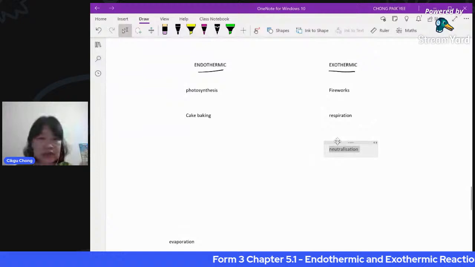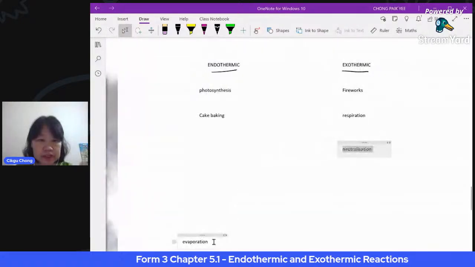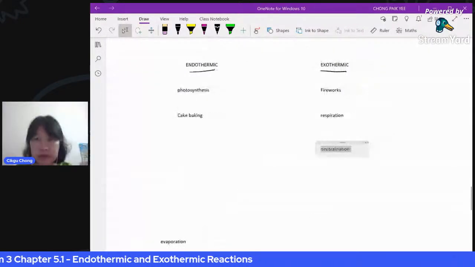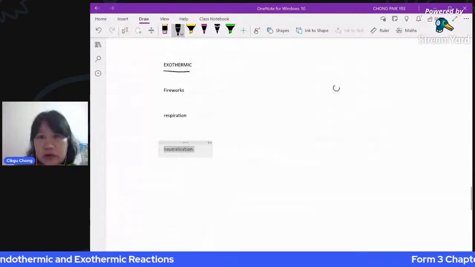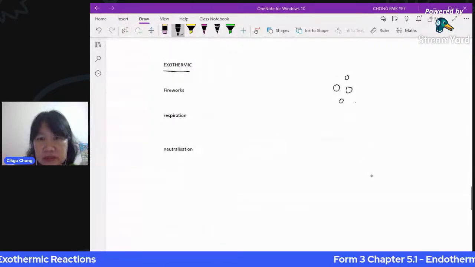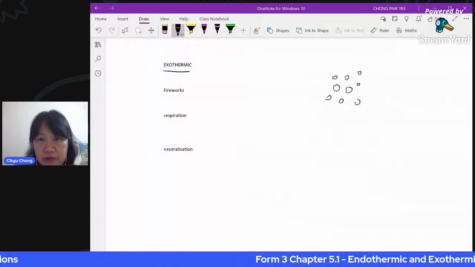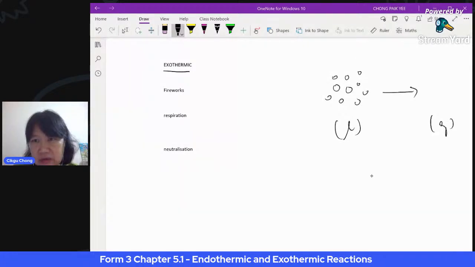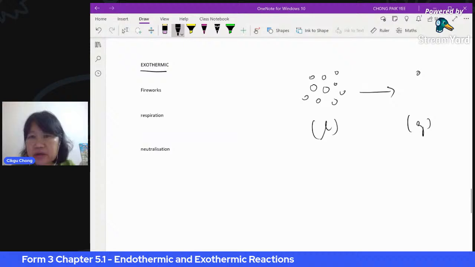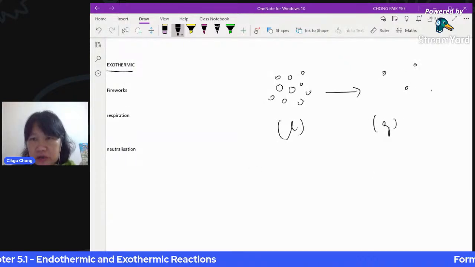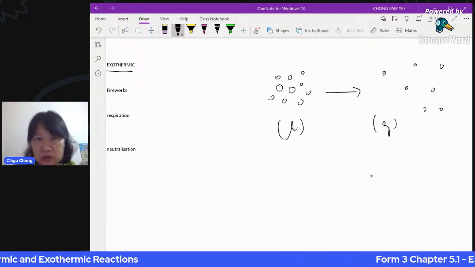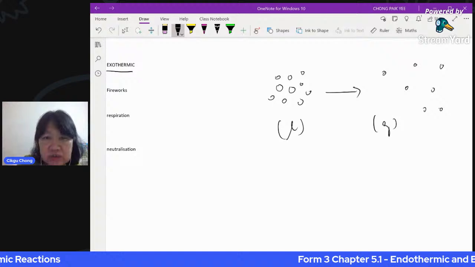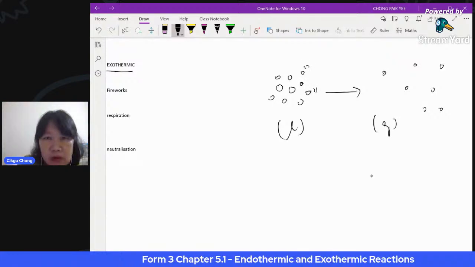Okay, next one. Evaporation. Evaporation is the process whereby your liquid, the molecules in liquid form, changes to gas. The molecules will be further away. So in order for it to be further away, ask yourself this question. Does it have to move more or move less?